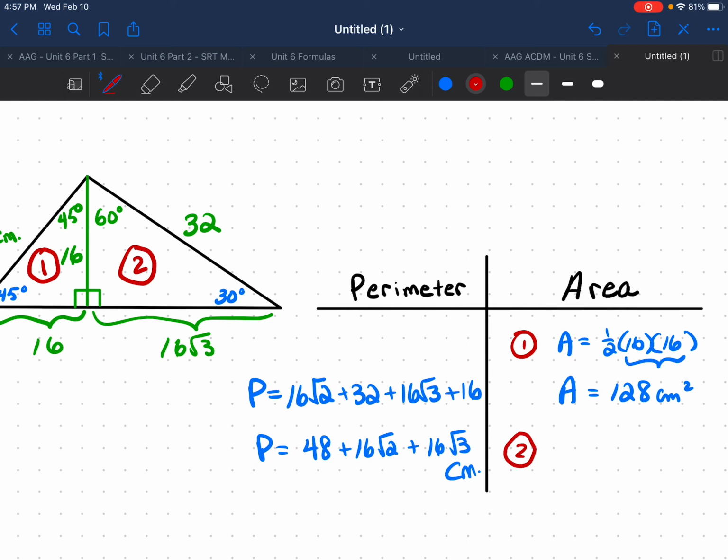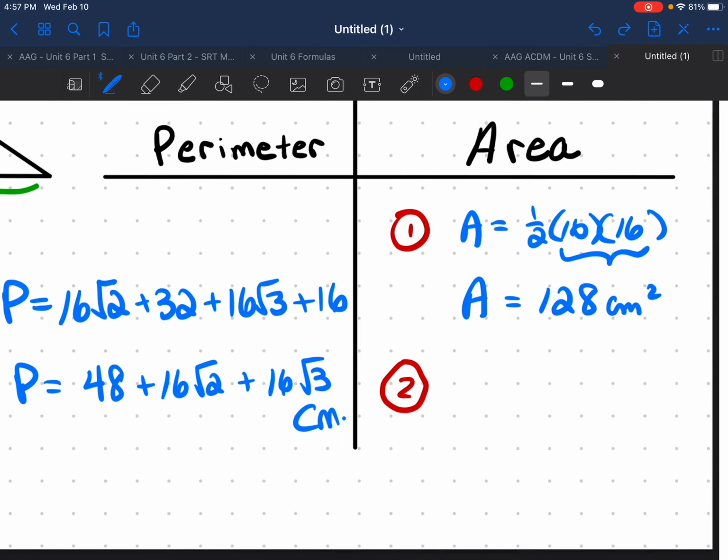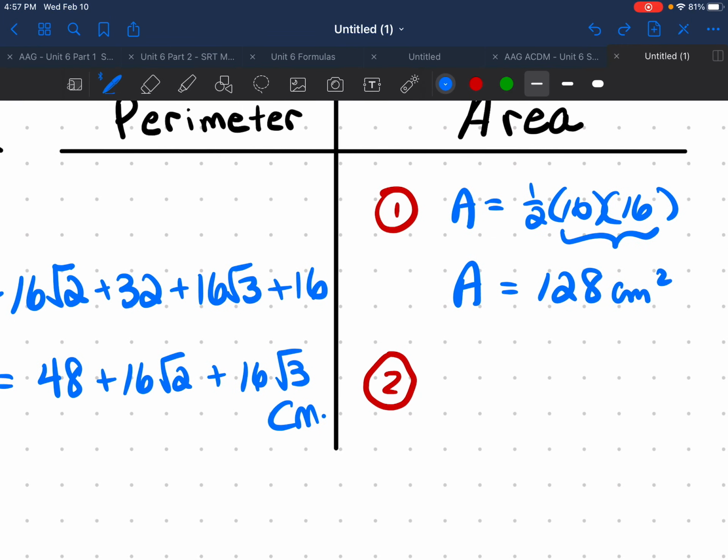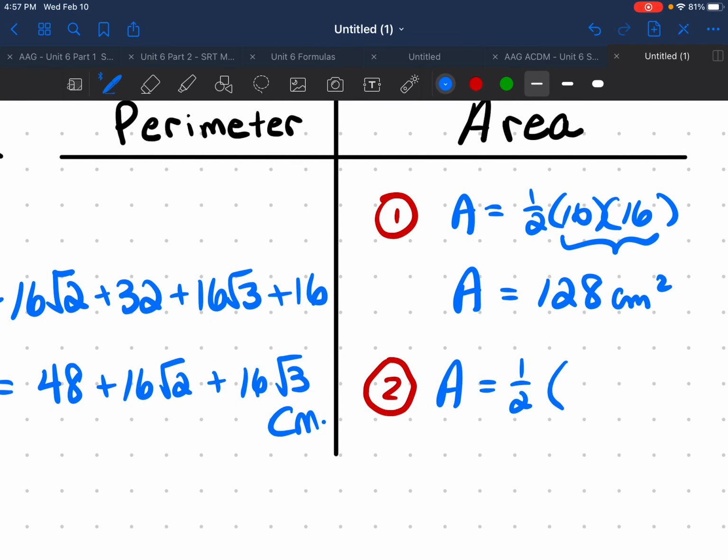If I take a look over here, I should see that my height is 16, but now my base is 16 radical 3. All right, let me zoom back in here. So the area of my second triangle, the 30, 60, 90, is going to have an area of 1/2 times its base. But now, guys, remember, the base was 16 radical 3.